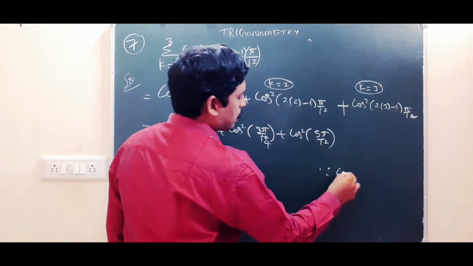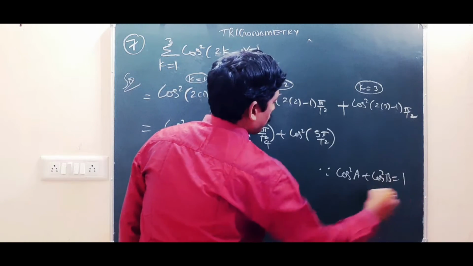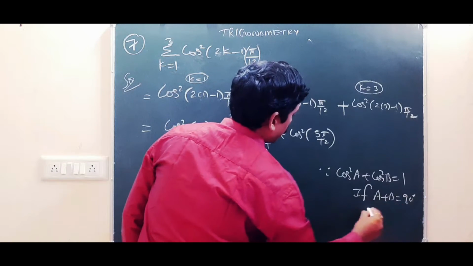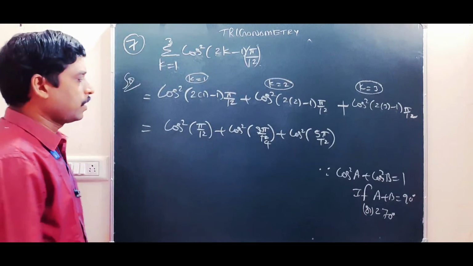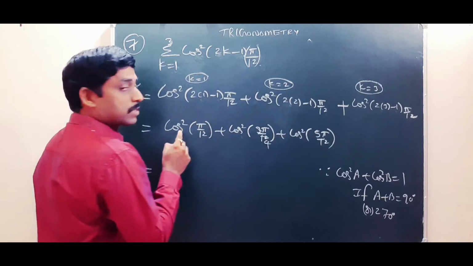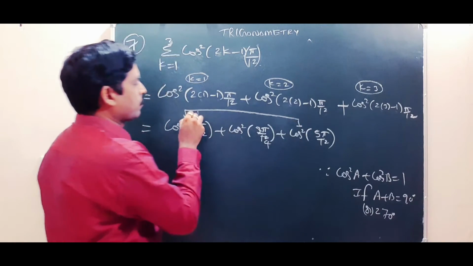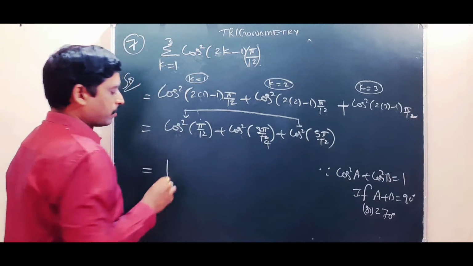We have one formula: cos square a plus cos square b equals 1 if a plus b equals 90 or 270 degrees. Okay. Cos square pi by 12 and cos square 5 pi by 12 will be 1.